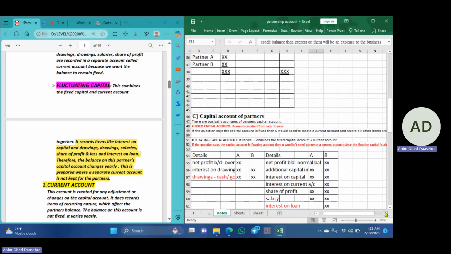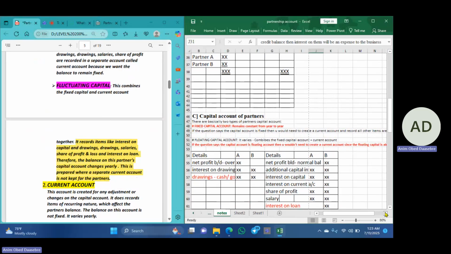So, if the question says the capital account of the partners is fixed, then literally you are going to create a current account and do this adjustment, transfer all the items in the appropriation accounts to the current accounts.